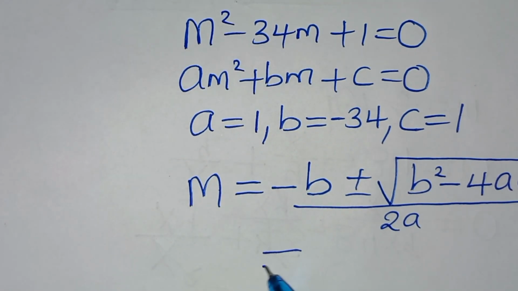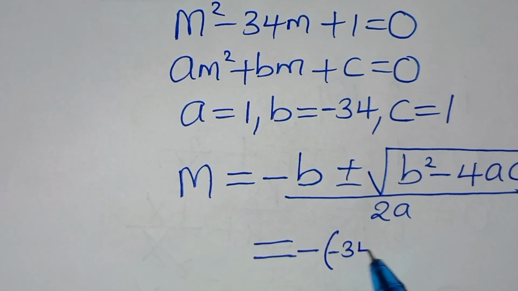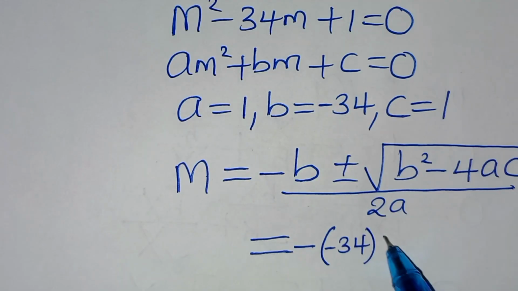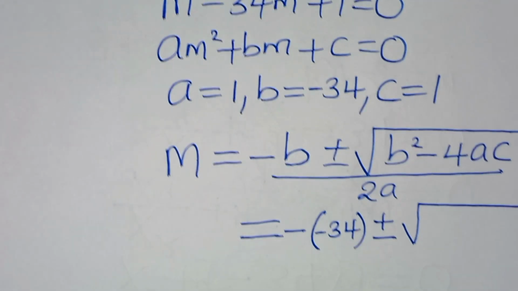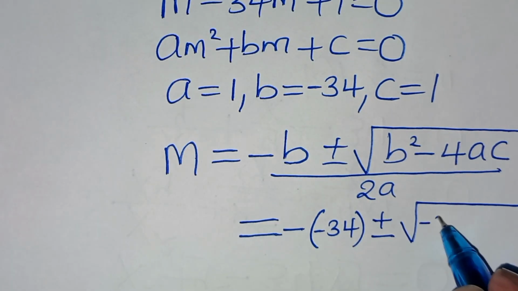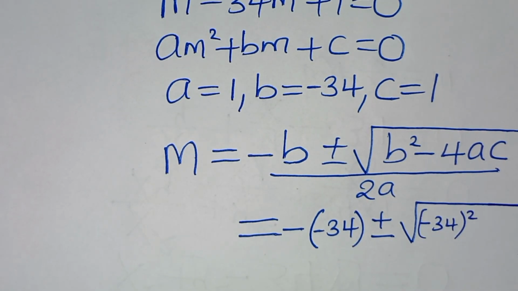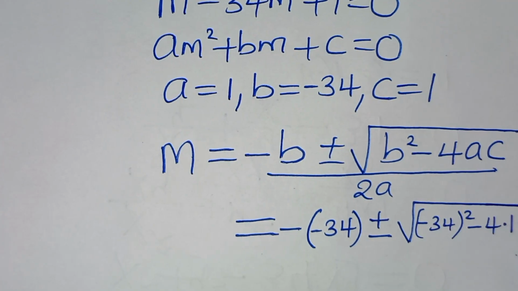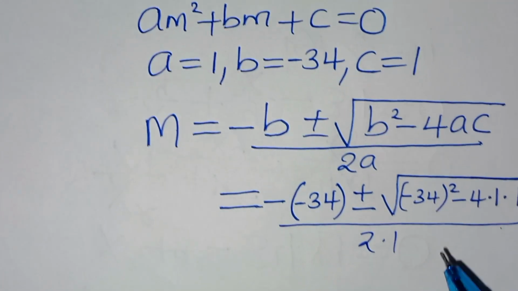Substituting the values of a, b, and c, we have minus minus 34, plus or minus the square root of minus 34 squared minus 4 times 1 times 1, all divided by 2 times 1.